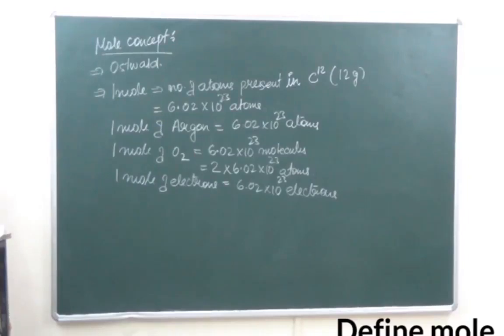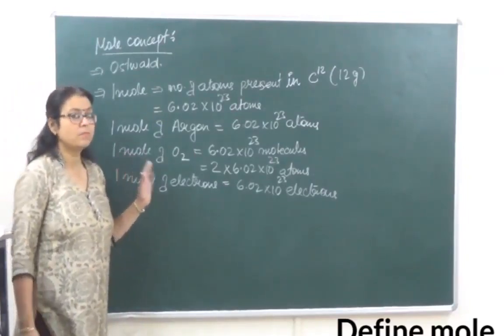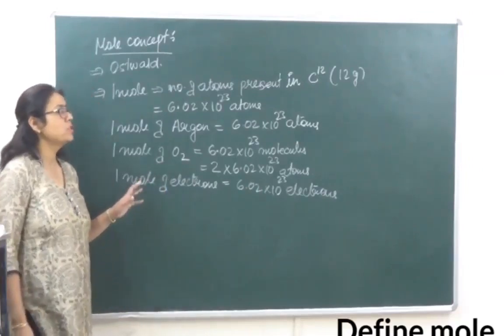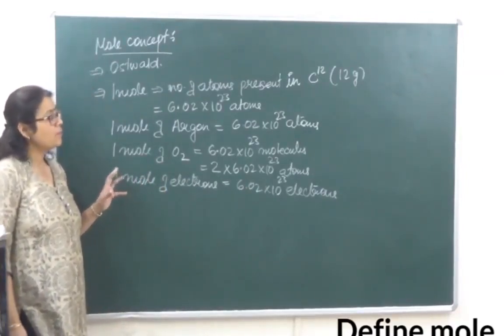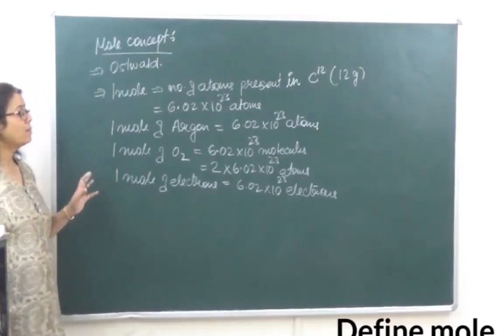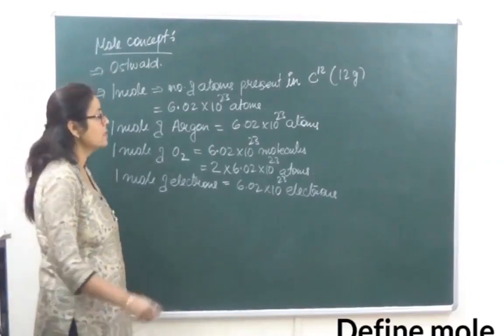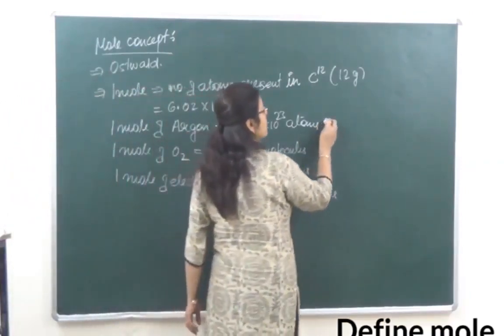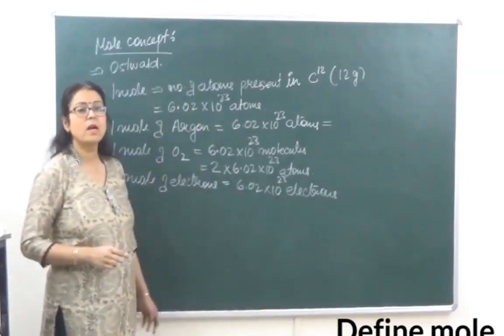So this is how we say that 1 mole of every substance has 6.02 × 10^23 entities. Now, 1 mole of anything consists of these many atoms, and 1 mole of anything will be equal to the atomic or molecular mass.